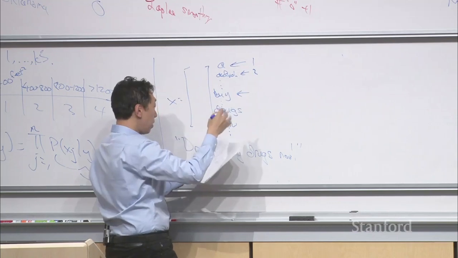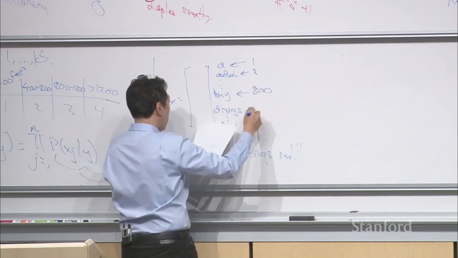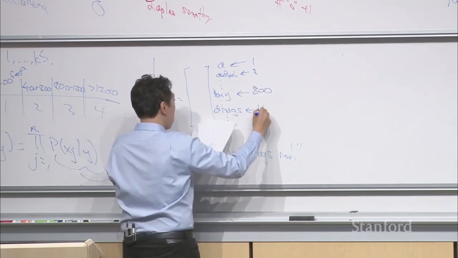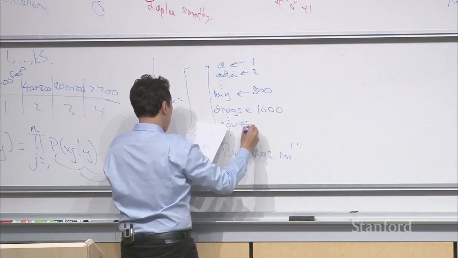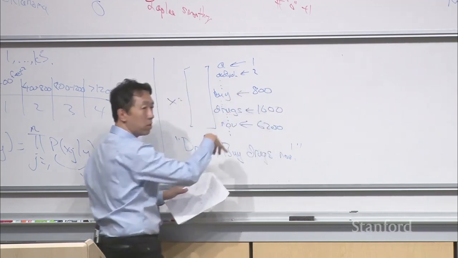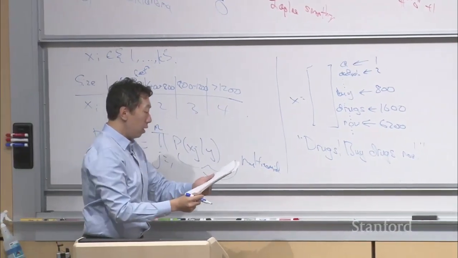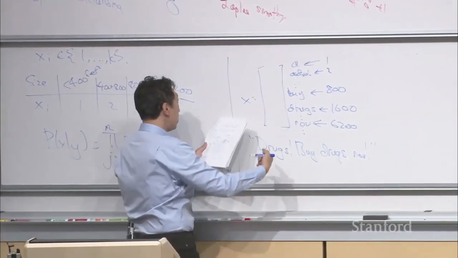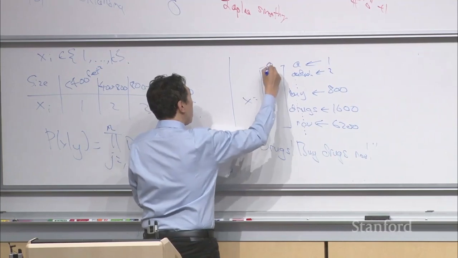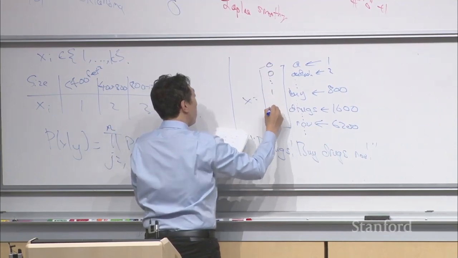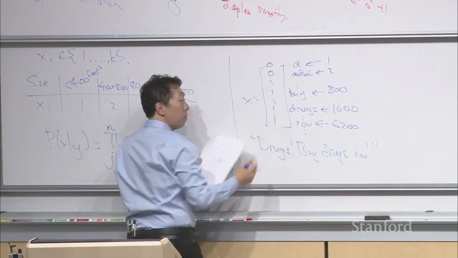Just to make this example concrete, let's say the word buy is word 800, drugs is word 1600, and now is the 6200th word in your 10,000 words in a sorted dictionary. Then the representation for x will be 0, 0, and then put a 1 there and a 1 there and a 1 there.